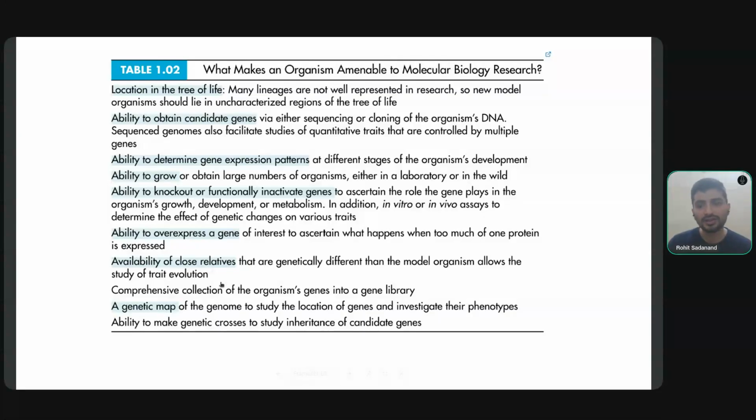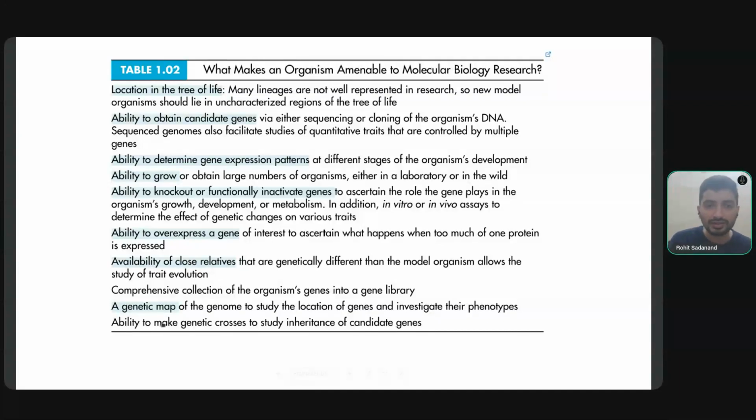And if we have close relatives of this organism available, then we can see how the genome of this particular organism, the model organism that we are trying to make, differs from its close relatives and how that translates to the phenotypic difference. So that would give us some clues as to the function of the different parts of its genome.